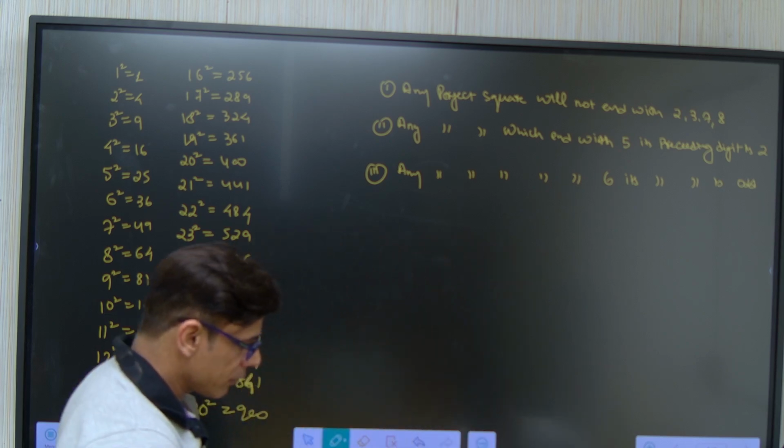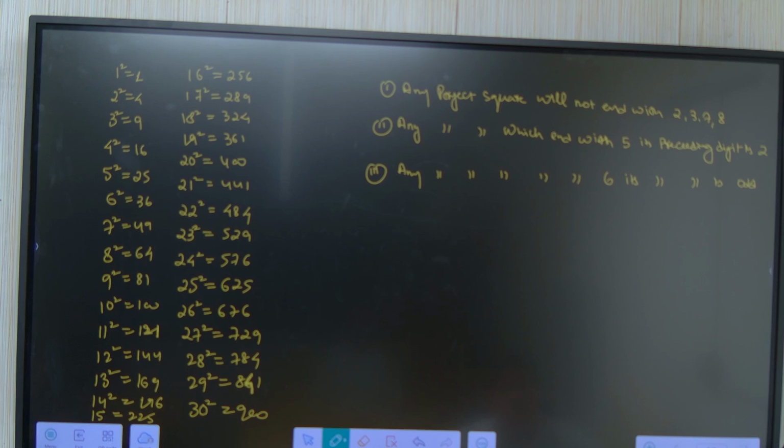The preceding digit has to be odd, always an odd number.